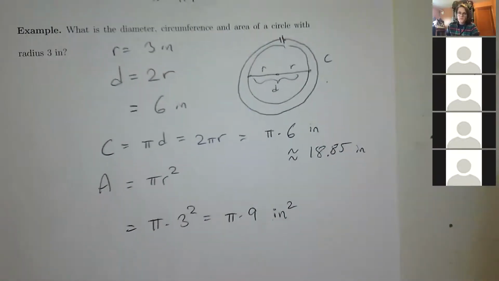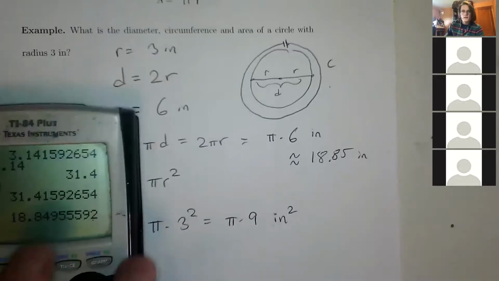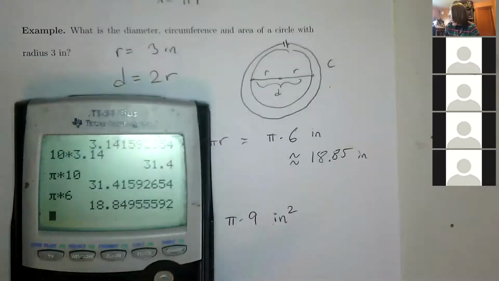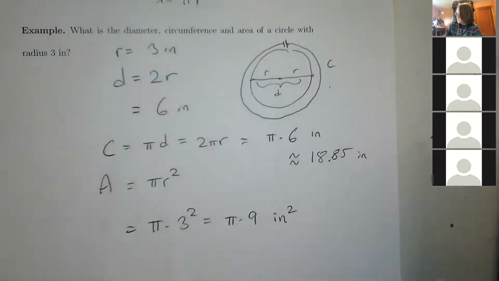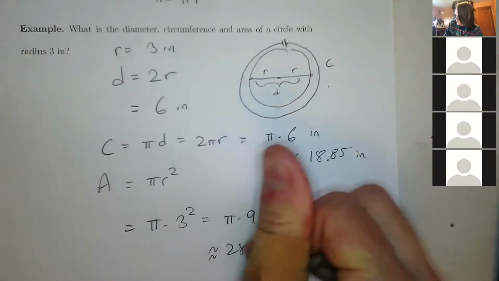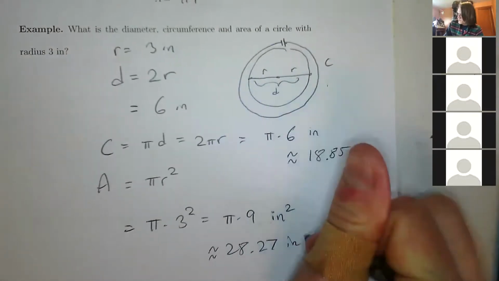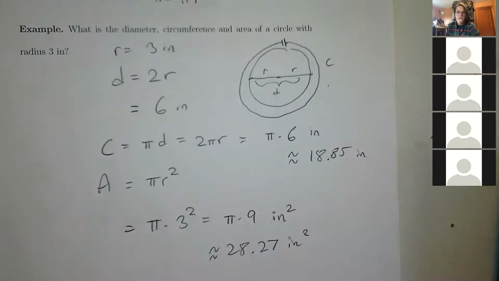Again, if you wanted to be super precise, you could leave it like that, because theoretically everything's plugged in. But if you wanted a nice decimal approximation, you just plop it in your calculator. So pi times 9 is about, I don't know, 28.27 inches squared.